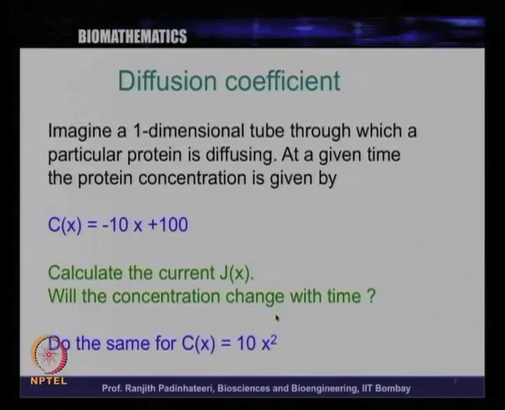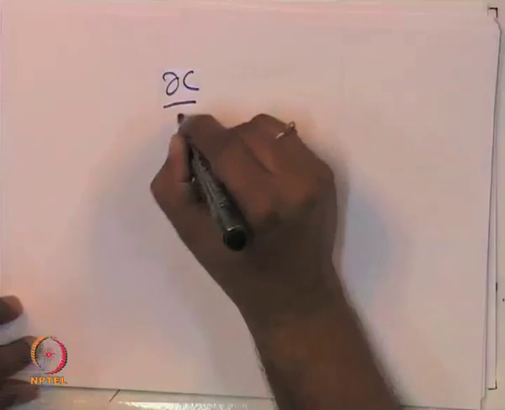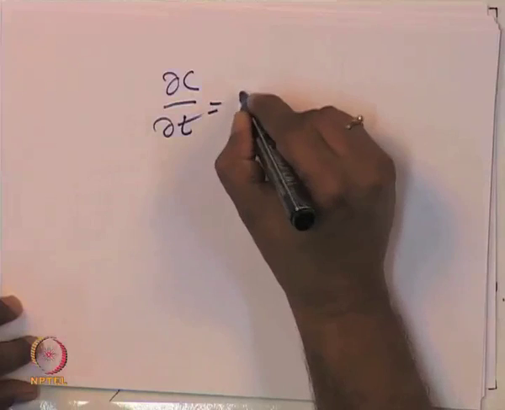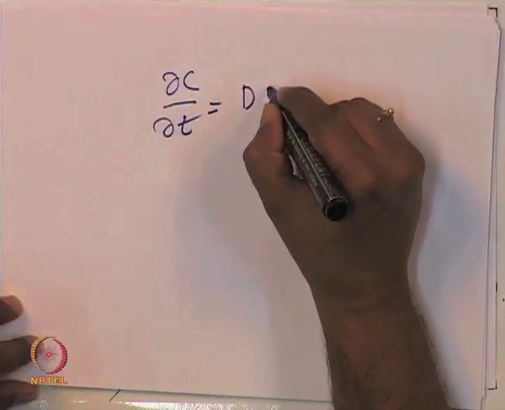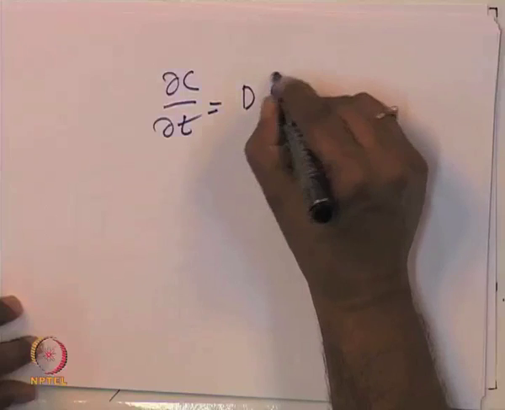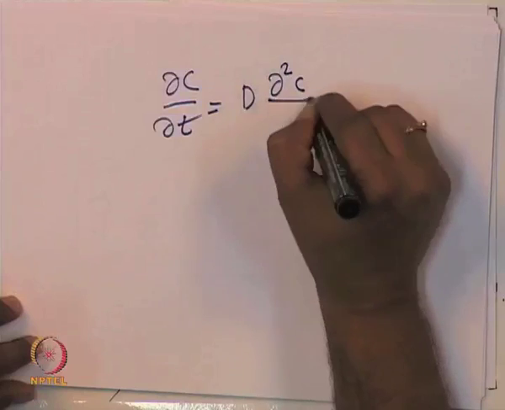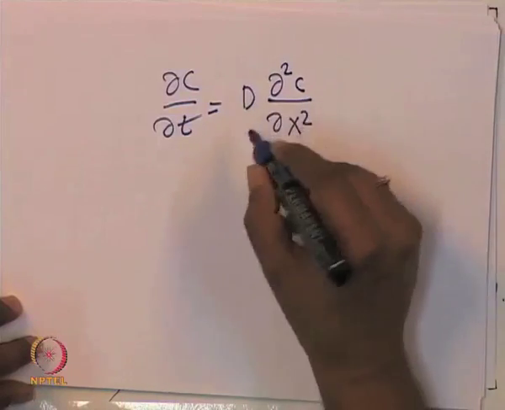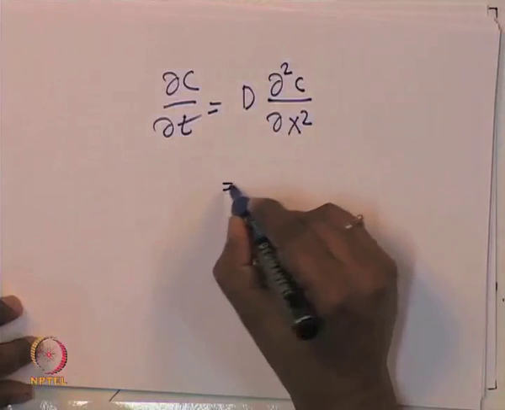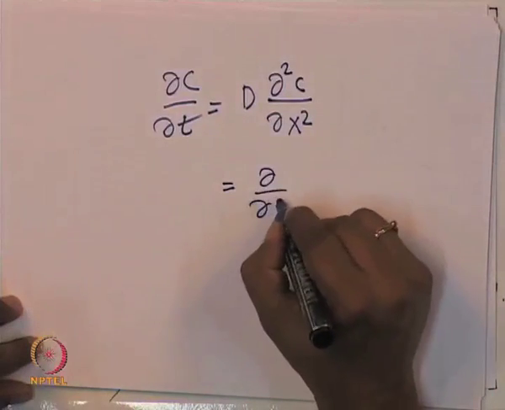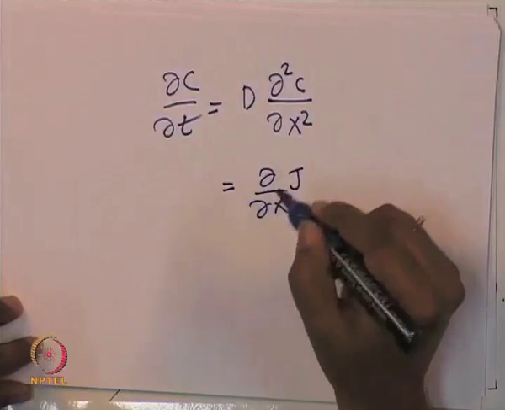So, the answer to this question is that the change in concentration, del C by del t, is basically D del square C by del x square. In other words, we just do del by del x of the J we got.